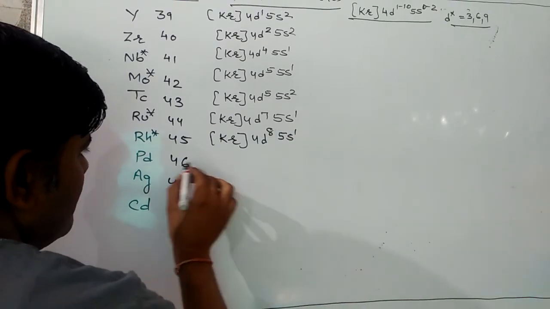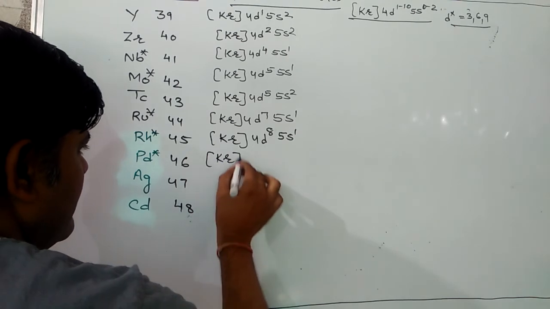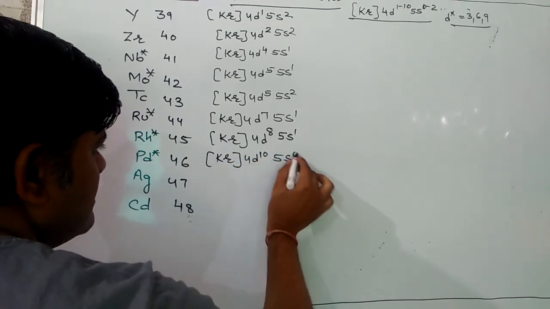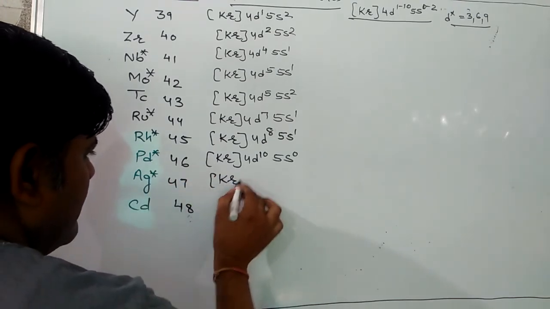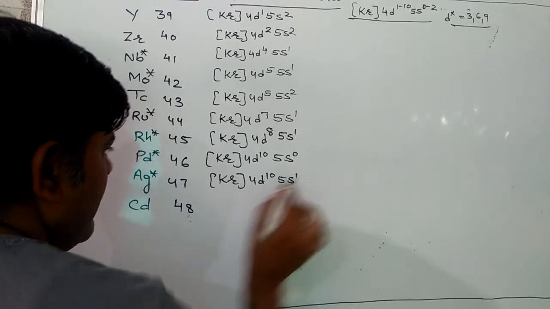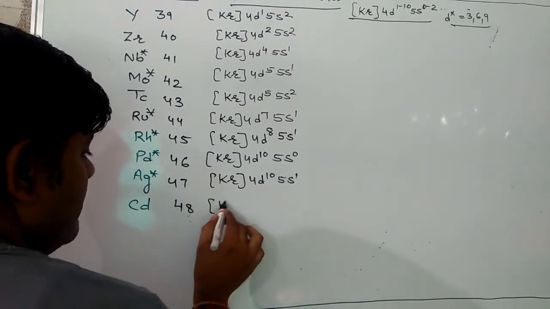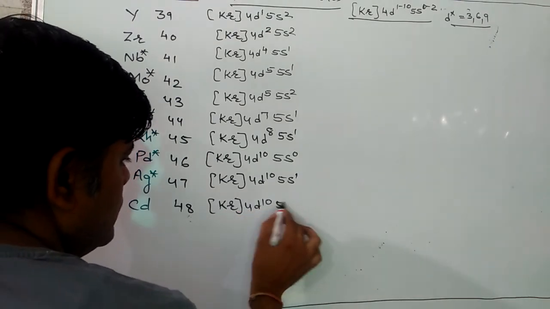For palladium, it will be exceptional, krypton 4d10 5s0. Silver will be exceptional, krypton 4d10 5s1. And the last one, cadmium, will be krypton 4d10 5s2.